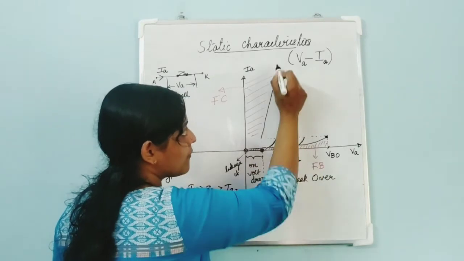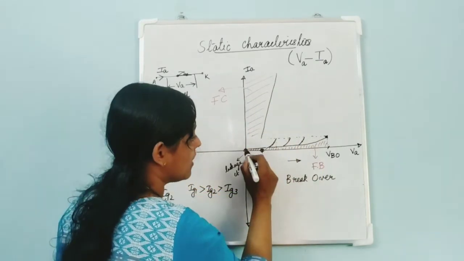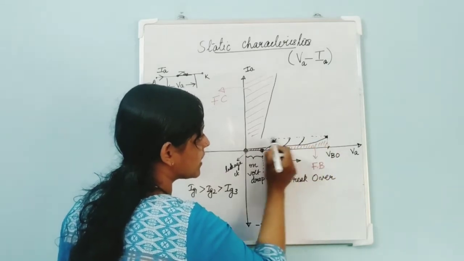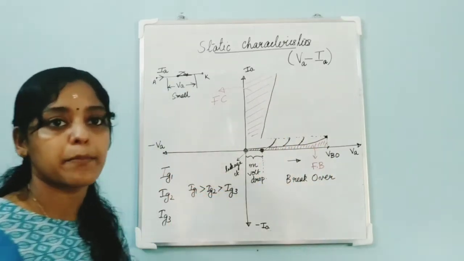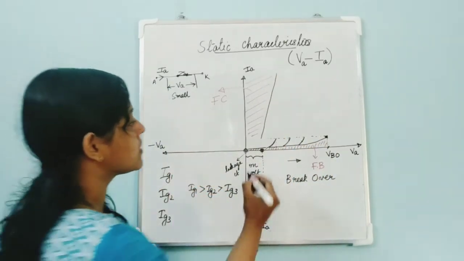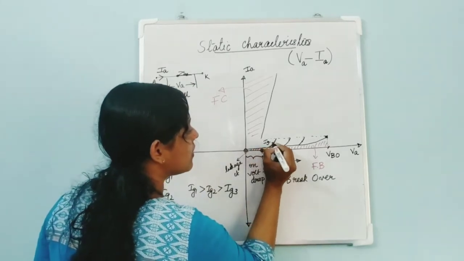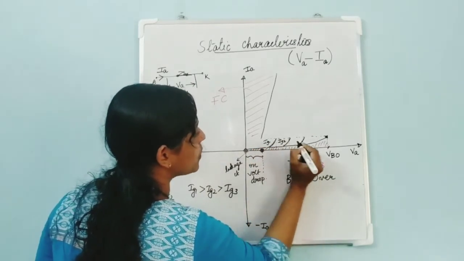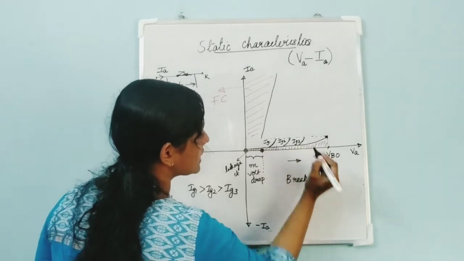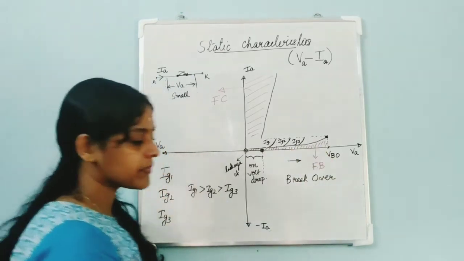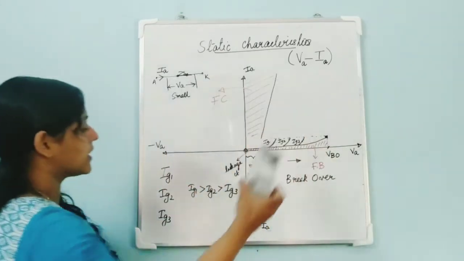This would be the graph if IG3 is applied. And this would be the graph if no gate pulse is applied. Okay. So this corresponds to IG1, this corresponds to IG2, this corresponds to IG3. Okay. So that is about the forward condition.